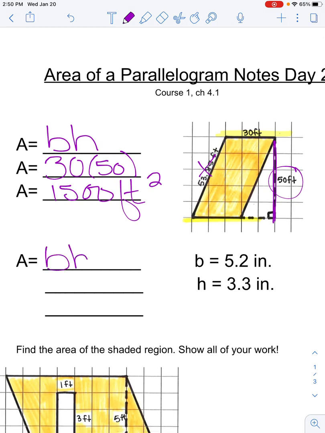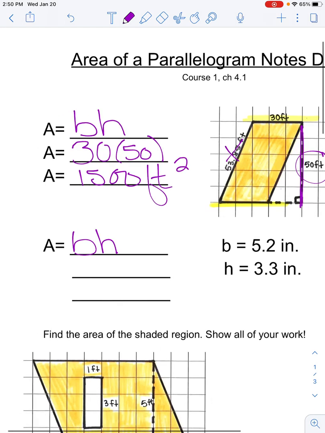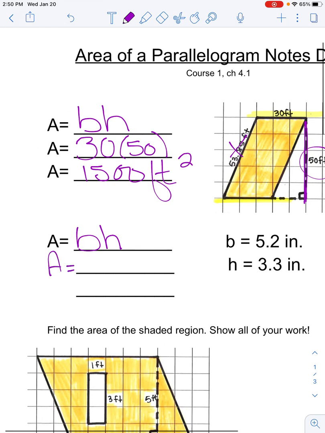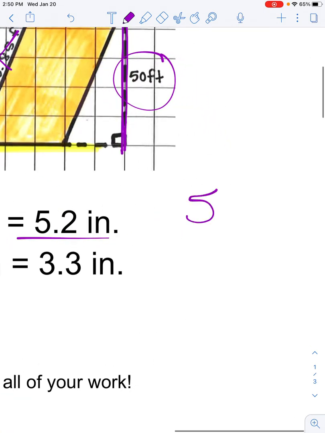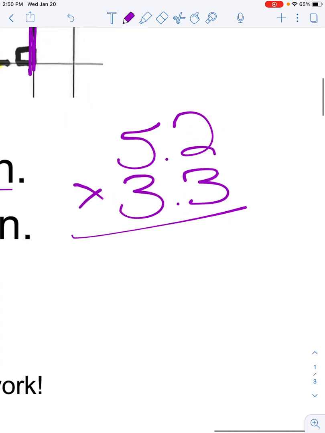If we have decimals, no big deal. Area is base times height. Substitute in 5.2 for our base, 3.3 for our height. Go ahead and start solving, please. Show me your work in your notes. Don't just write down the answer that I get.